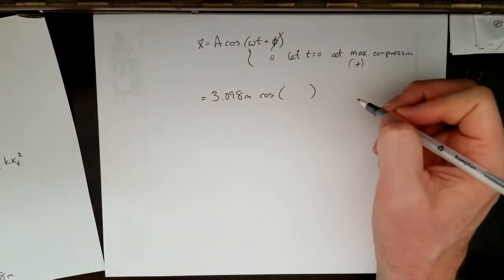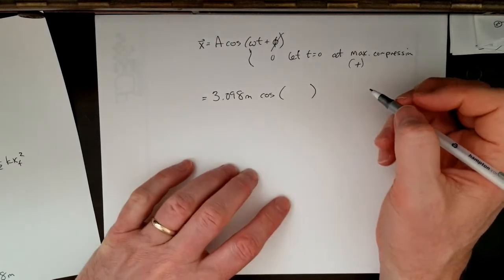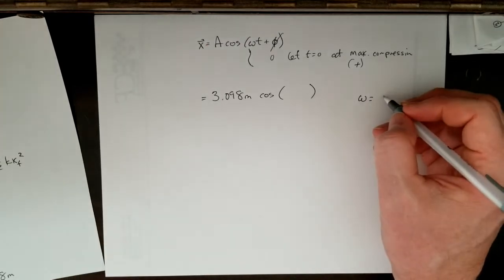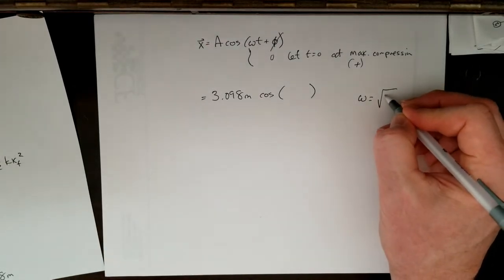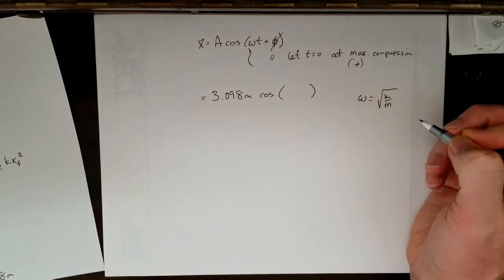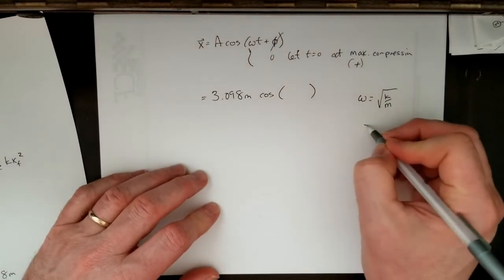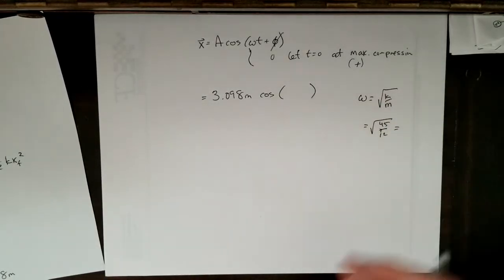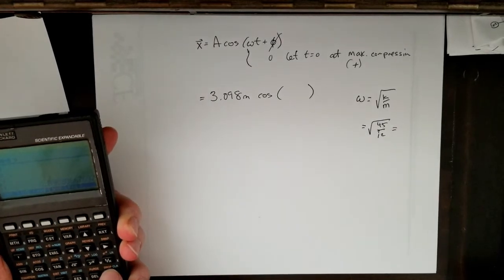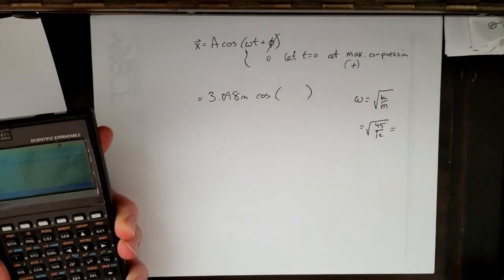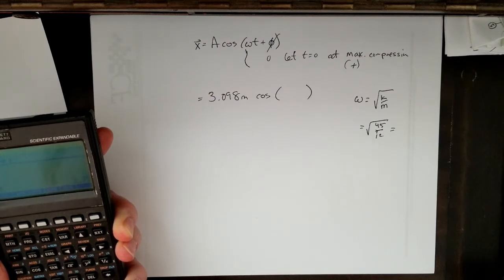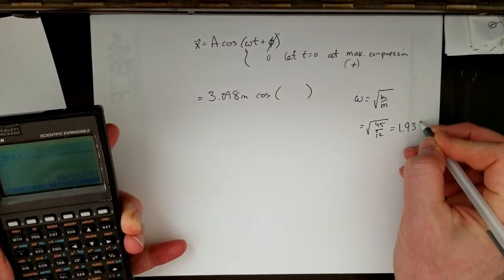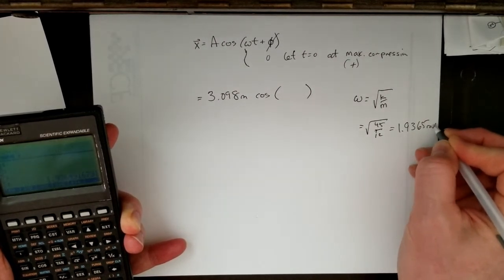I need to figure out omega. Well, from the previous video, we've already calculated a formula for that. Omega is equal to the square root of k over m, which is equal to the square root of 45 over 12, which is 1.9365 radians per second.